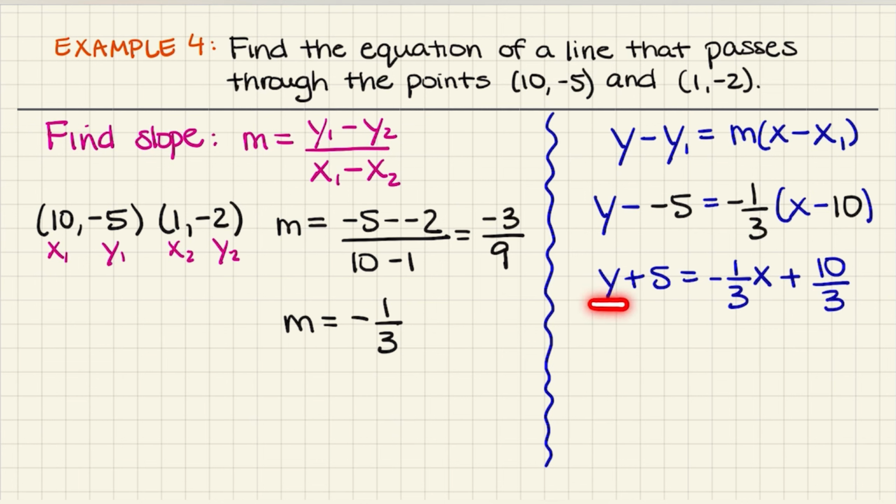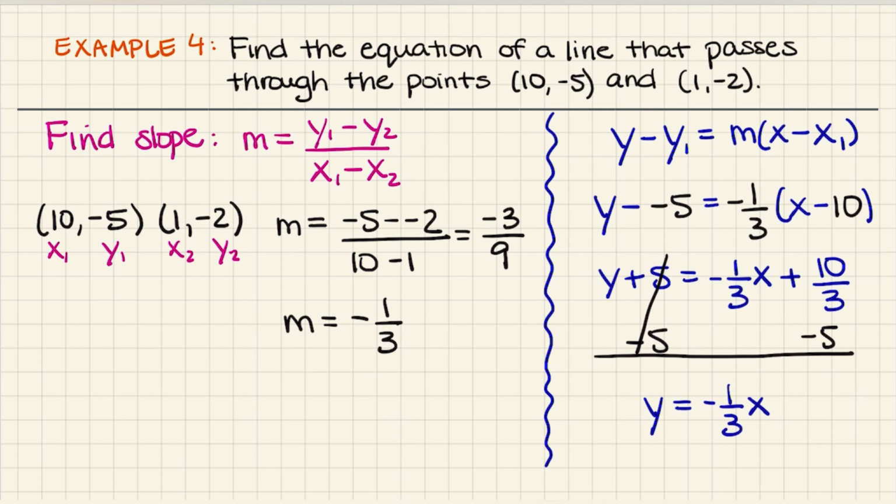Now to get y by itself, we still need to cancel out the 5. So in this case, we're going to subtract 5 from both sides. Cancel the 5's, and that's going to give us y equals negative 1/3 x, and let's do 10 thirds minus 5 over to the side here.